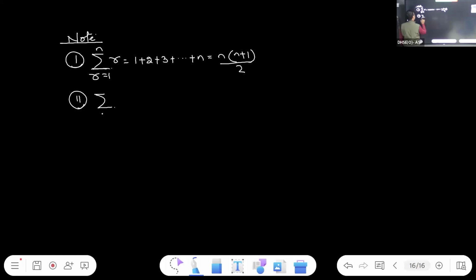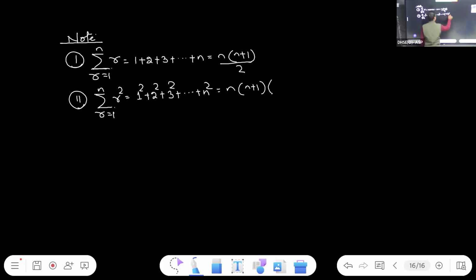Sigma r equals 1 to n of r square equals 1 square plus 2 square plus 3 square plus up to n square, which is equal to n into n plus 1 into 2n plus 1 divided by 6.